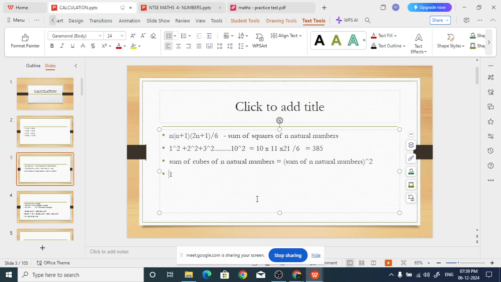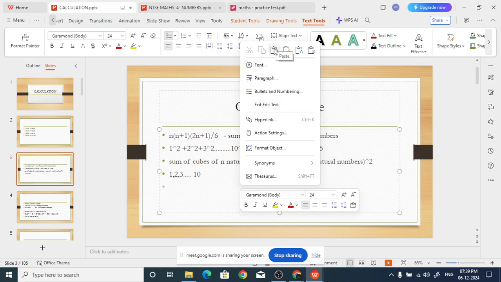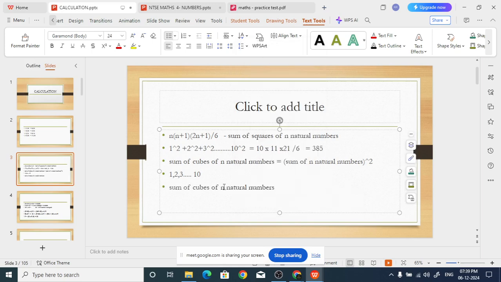Suppose I want to find the sum of the cubes of the first 10 natural numbers, 1, 2, 3, up to 10. How do I find it?